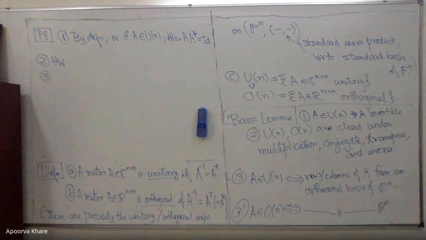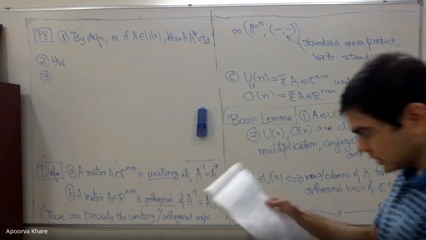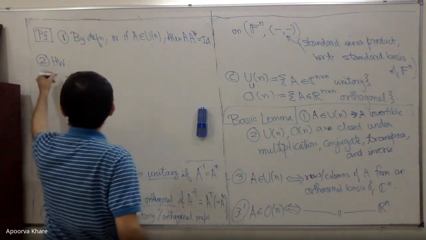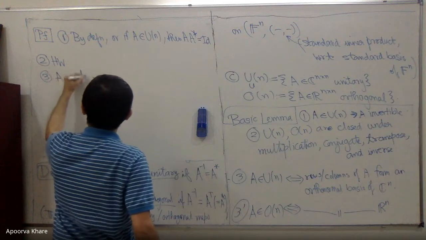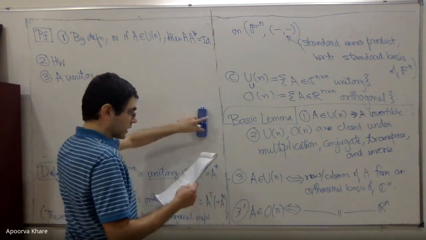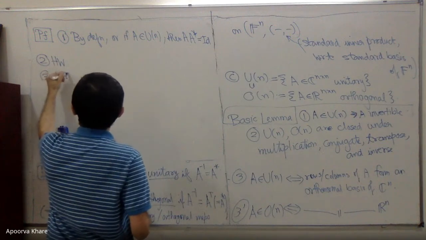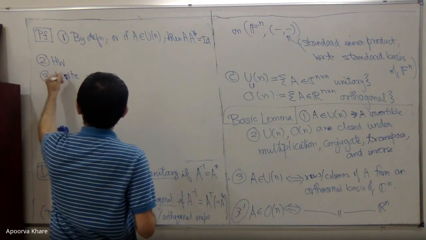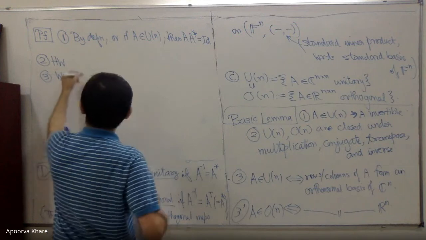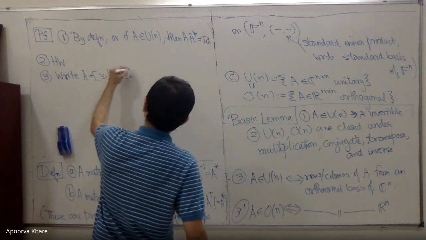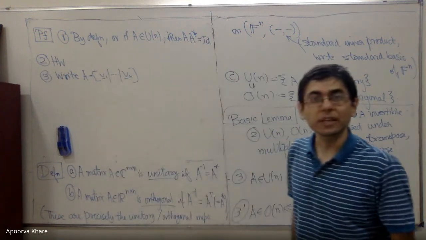The third one is what really matters. So let's see. This is actually just directly written out, I think. If and only if, yeah. So A is unitary. Then let's first write down the columns. Write A equals V1, V2, Vn. These are the columns. So what is A star?